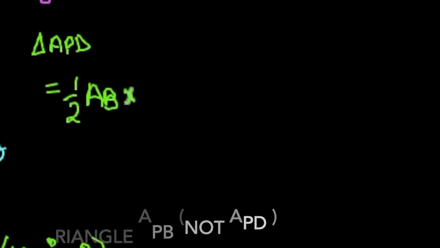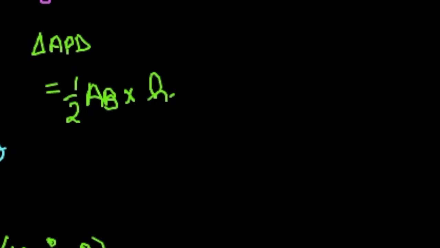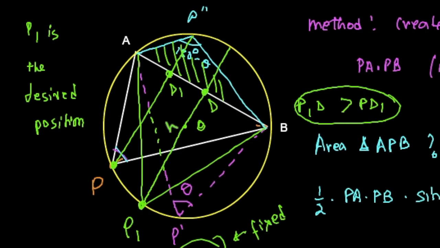And what is the other way of computing the area of triangle APB? The other way of computing the area is half of AB times the height. And the height H is maximum when P is at the position P1. That's because the diameter is the largest chord of the circle.